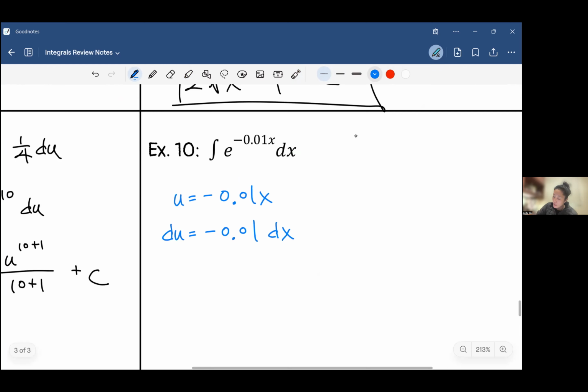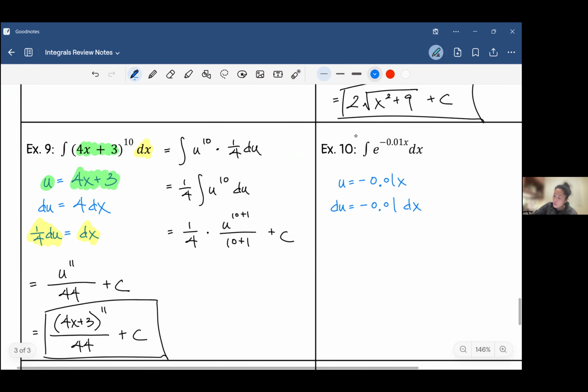Now again, carefully chosen problems here by yours truly. I didn't see the 4x dx over here, but I could divide that away and then match the dx. Same thing here, okay? I only have a dx, so we need to divide this to the other side because it's negative 0.01 times dx, okay?